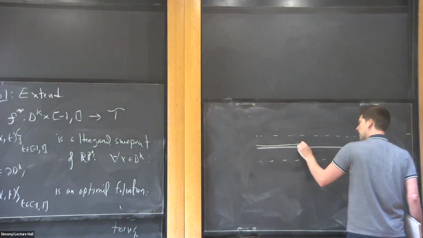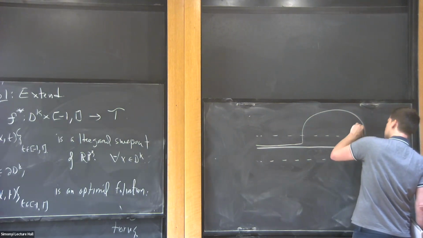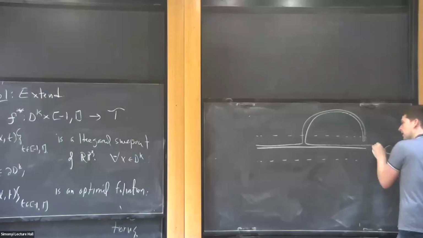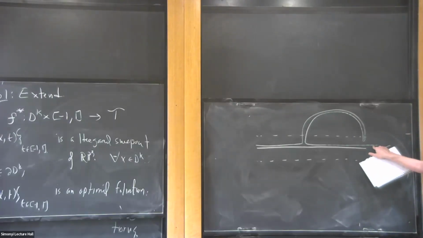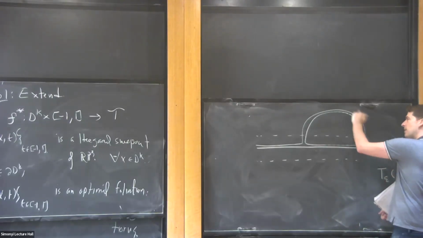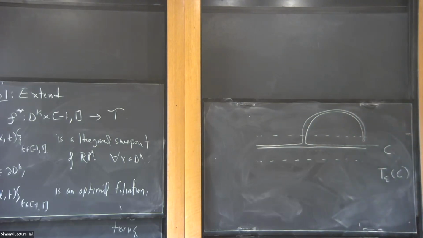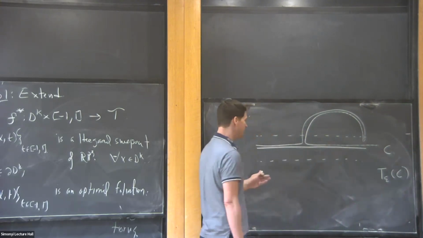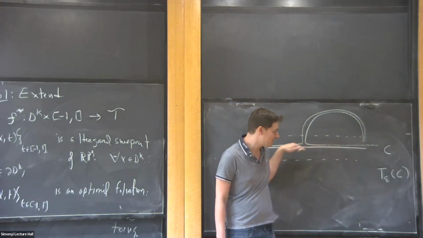So maybe it goes out, but it has very, very small area when it goes out. But it basically looks like it's close as varifolds to this torus. Maybe it wiggles, and maybe it leaves the tubular neighborhood. Okay, so the next step is we need to retract this into the tubular neighborhood.